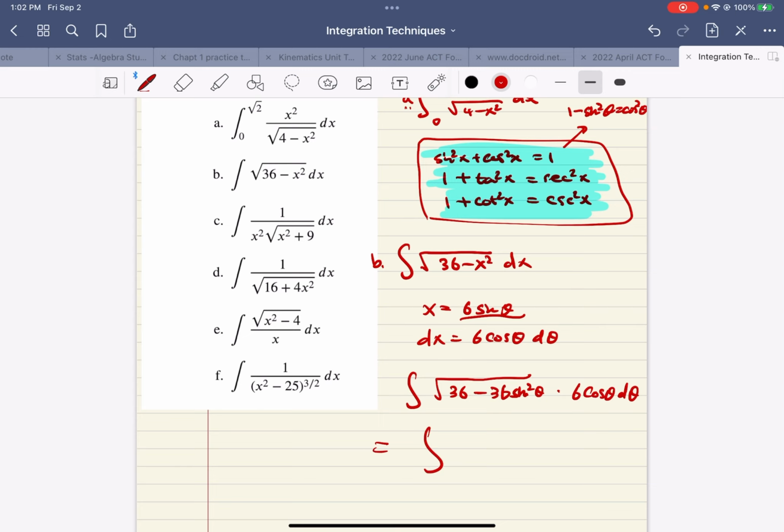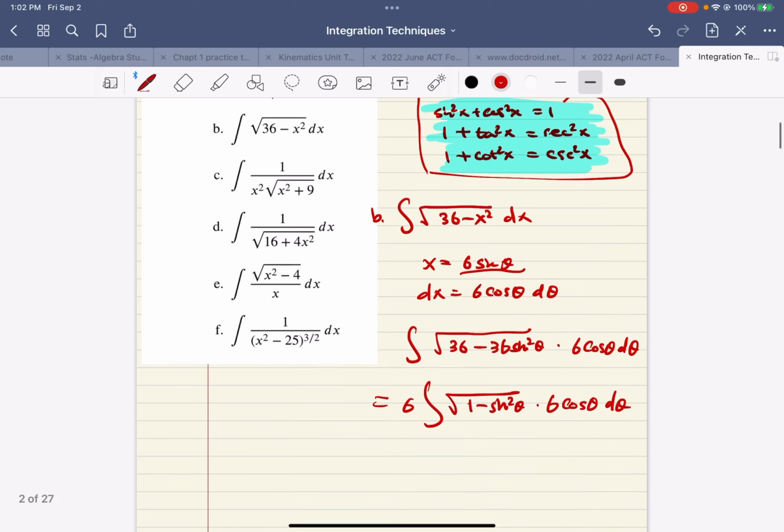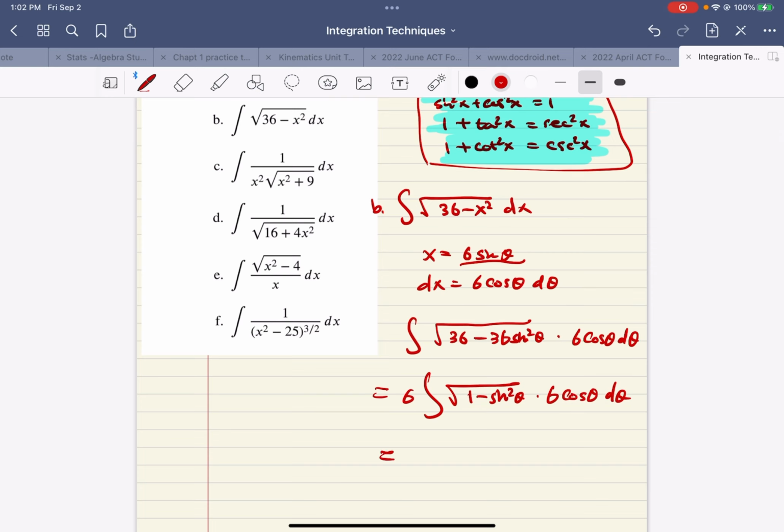Okay? So root 36 is 6, you can take it out. And then 1 minus sine squared theta times 6 cosine theta d theta. 1 minus sine squared theta is cosine squared theta, but the square root of that is just cosine theta.